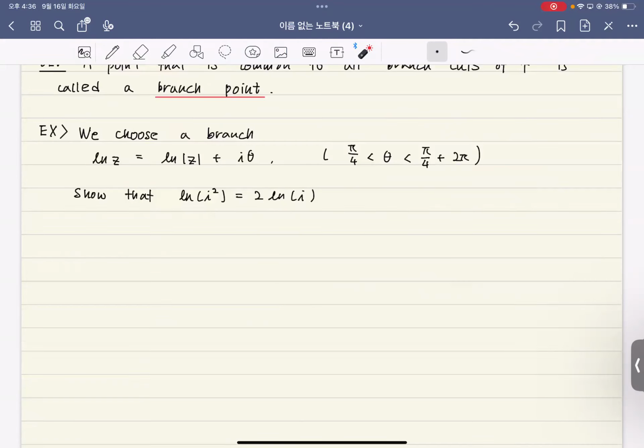Because this is my branch cut, and this is i, and i squared must be here, right? And this rotation in the counterclockwise direction does not cross the branch cut of this branch.